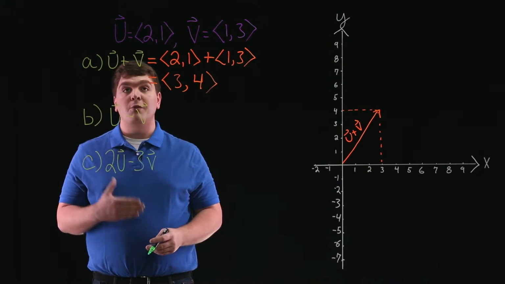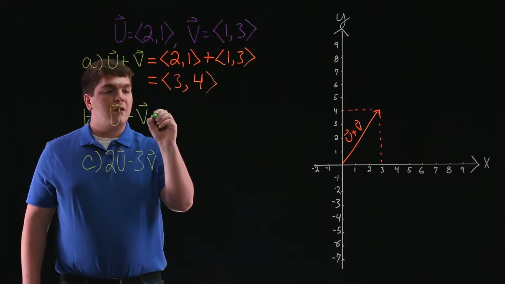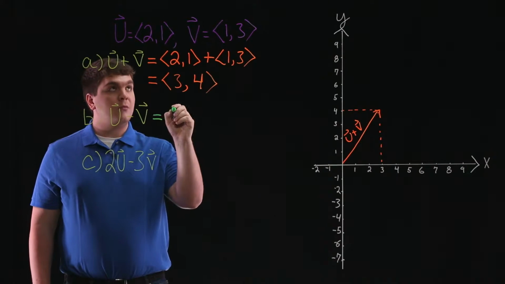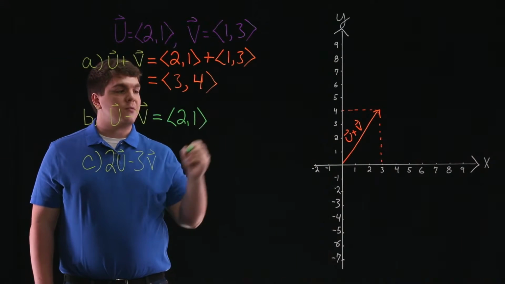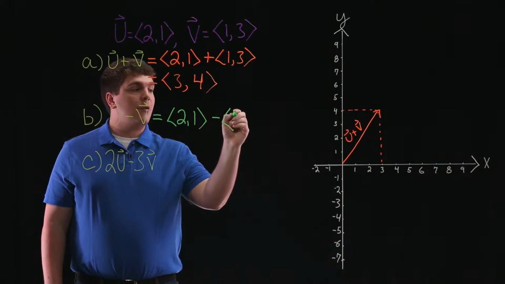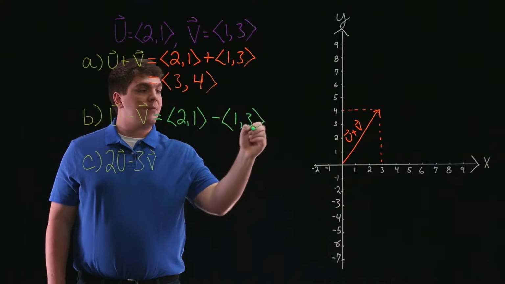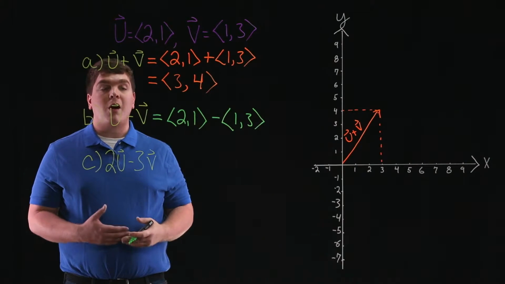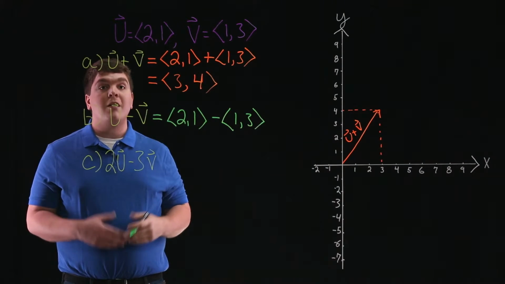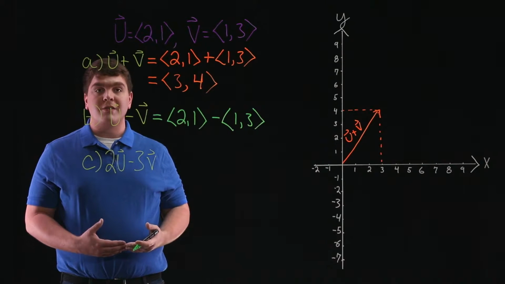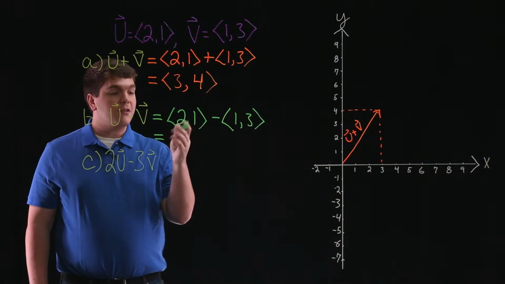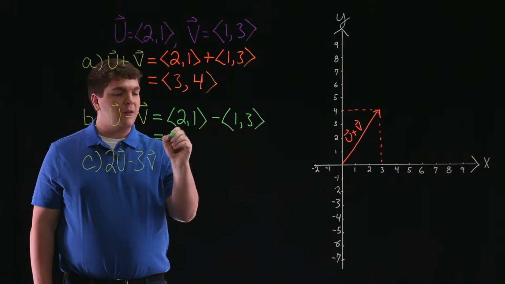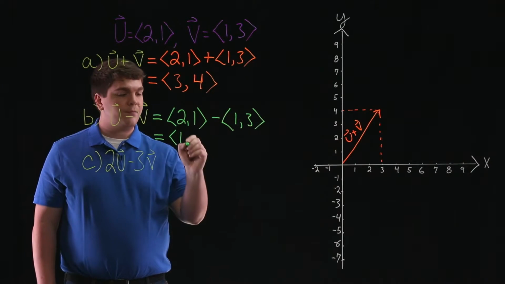Next, to find the vector u minus v, we'll write out our vector u, which is 2, 1, and we're subtracting the vector 1, 3. Here, we'll go through almost the same process as we did in part A, but instead of adding components, we'll subtract components since we're subtracting. So our first component will be 2 minus 1, which is 1.